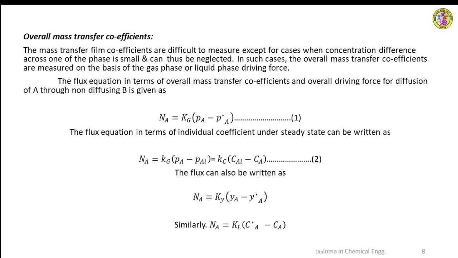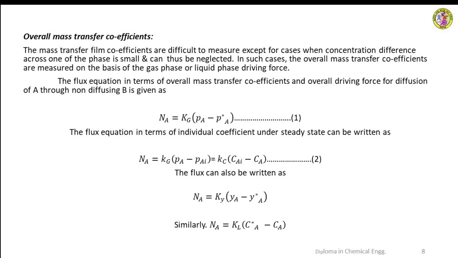So we cannot write the equation as Kg into Pa minus Ca, because since the Kg coefficient is based on the gas phase mass transfer resistance, the second concentration term should again be written in terms of the gas phase concentration, that is in terms of Pa only.